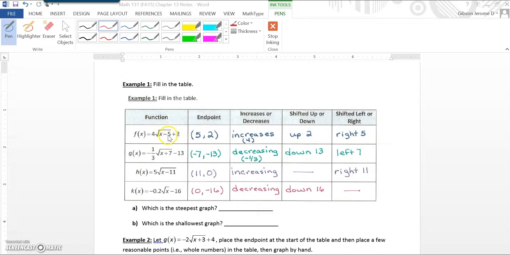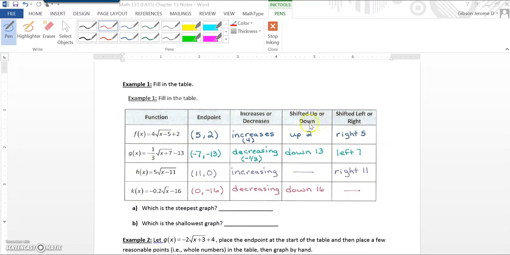When we go under the radical, if it's a minus sign and a number, it'll just be that number, and then also the number on the outside that's added or subtracted, so it'd be 5, 2. That'd be the endpoint.